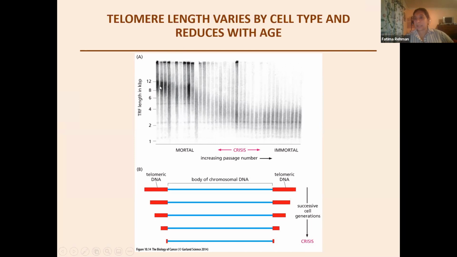So mortal cell lines are losing their telomeres with each cycle. And that's what's seen right here. It reaches a particular stage where it is in what we call a crisis mode, and it can no longer replicate the DNA and still stay alive in its particular stage.